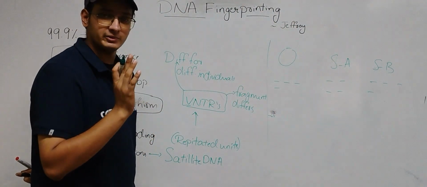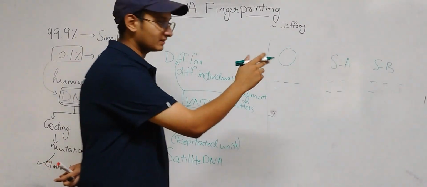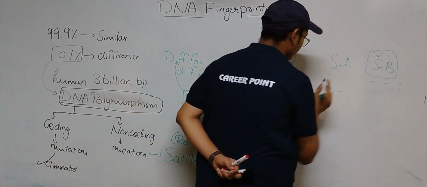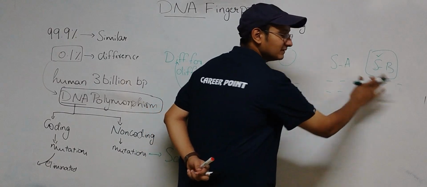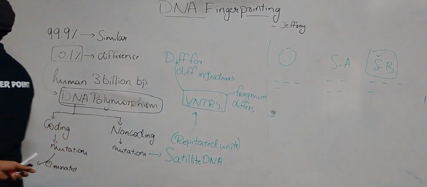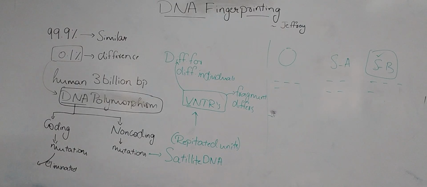Now who is the real killer? A or B? Because this is matching with B. This is the reason why we can easily find out who the real culprit is.